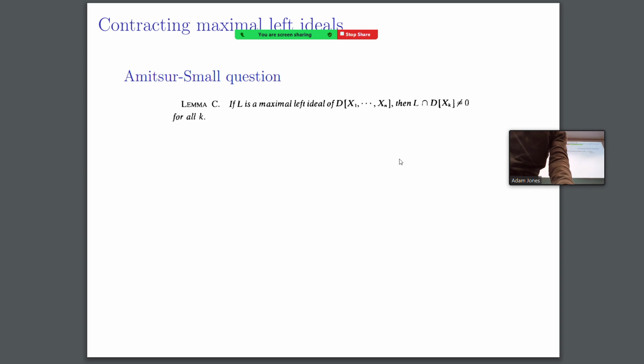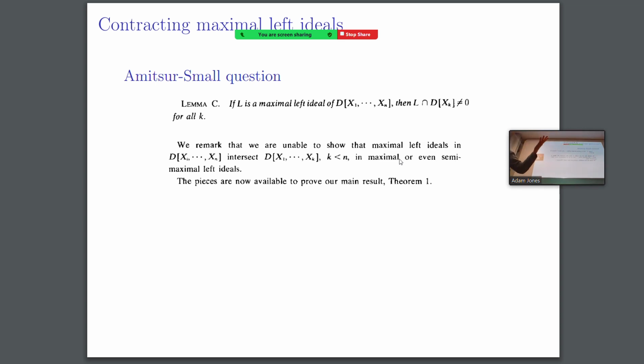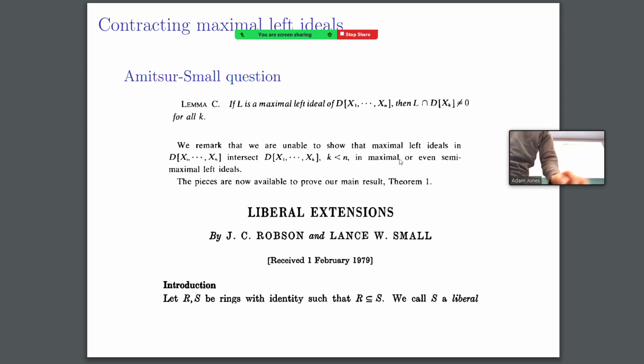But for the division ring, Amitsur and Small remark that they are unable to show that maximal left ideals contract to maximal or even semi-maximal left ideals. Semi-maximal simply means an intersection of finitely many maximal ones. So there are two questions here. If you contract maximal left ideals, do you get maximal left ideals, and if not, do you at least get semi-maximal left ideals?